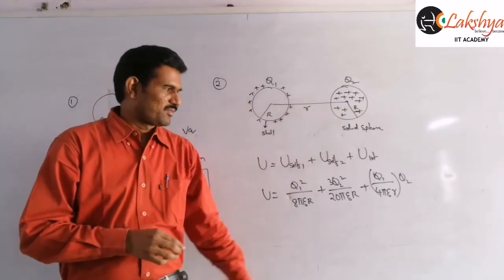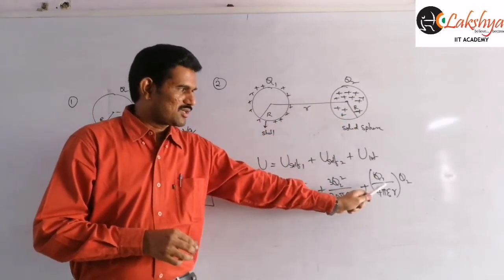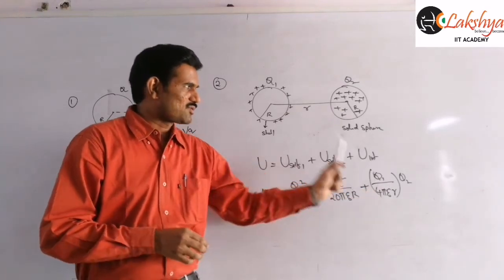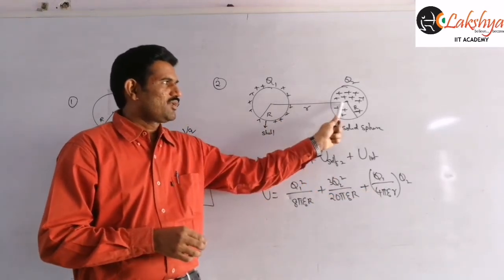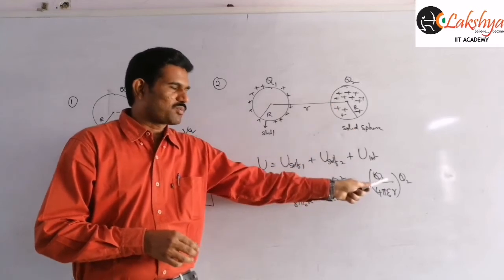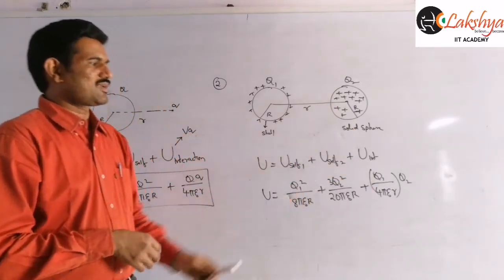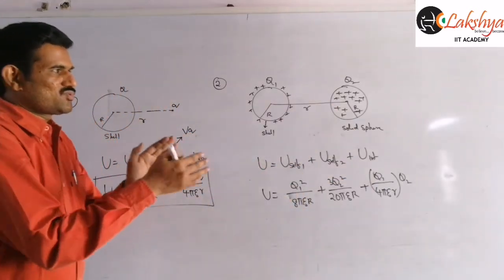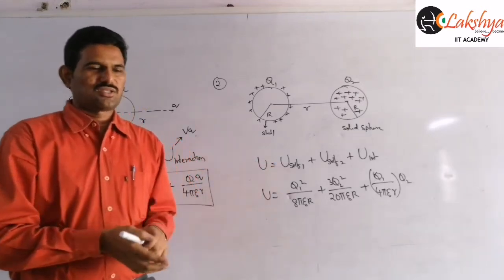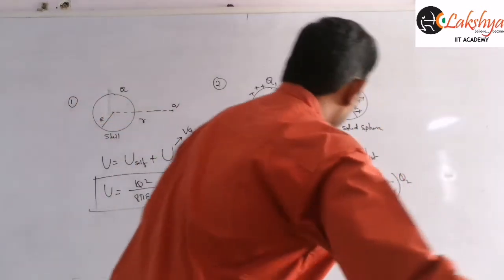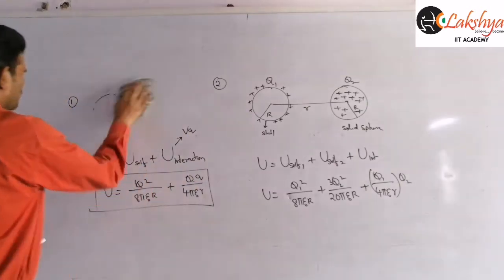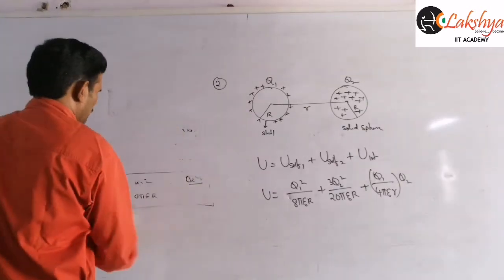So that is the situation here: K Q1 by 4 pi epsilon naught, potential due to shell at its center. Now this total charge is present in that potential. So that is the interaction energy term here. When two bodies are there, that is the interaction energy term calculation. Total energy of the system is self energy plus interaction energy.